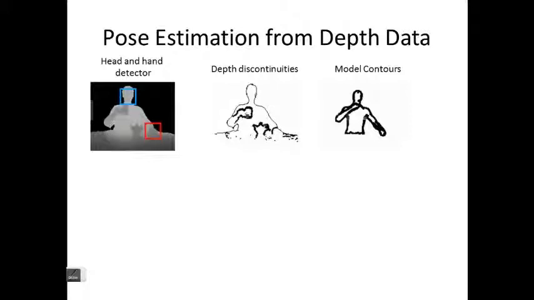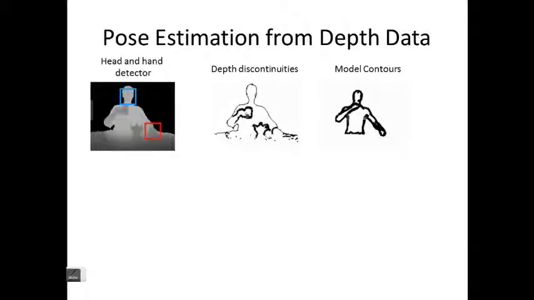So what is the overall pipeline that the authors use for pose estimation from depth data? They have three different channels of information that they use in order to find the 3D triangle mesh that we described earlier. The first is that they run hand and face detectors on this depth data.